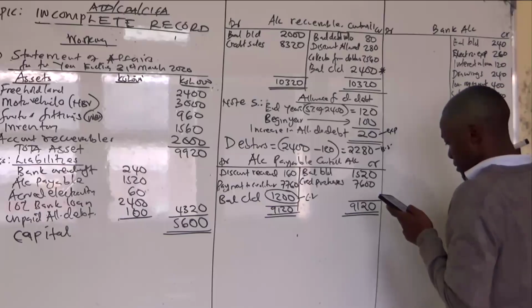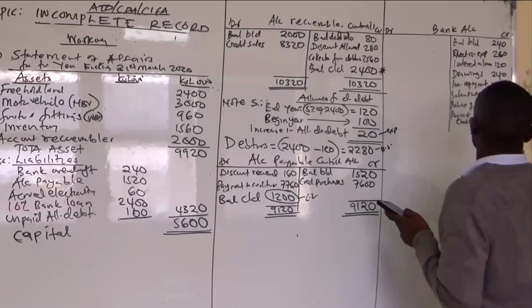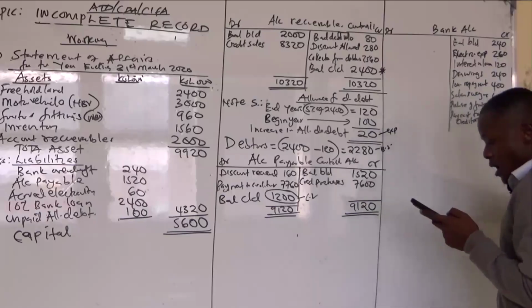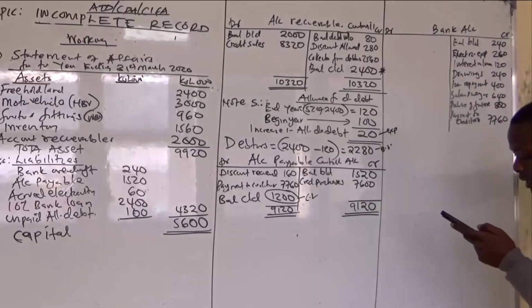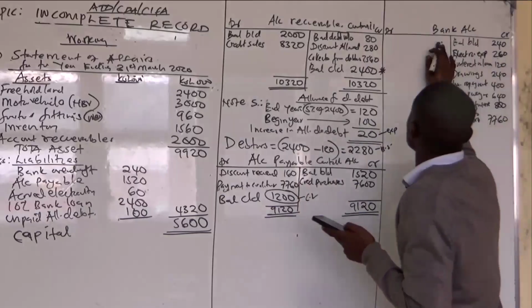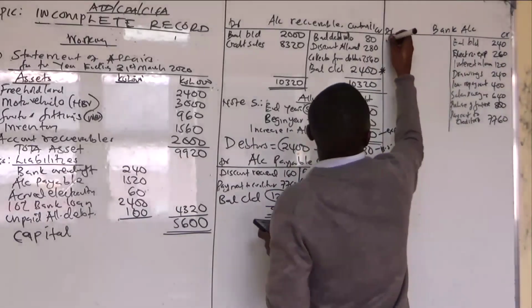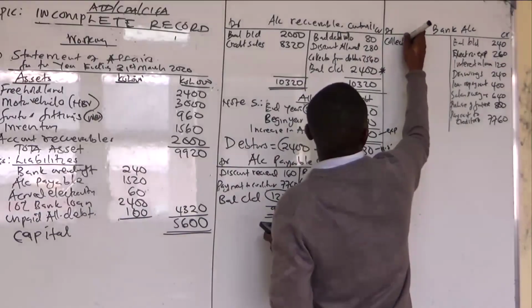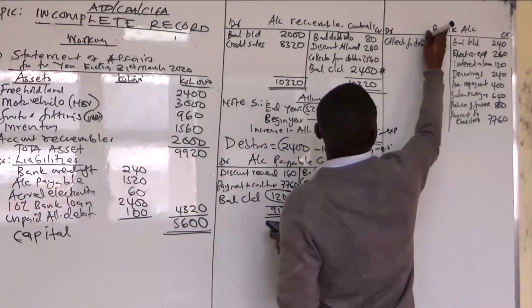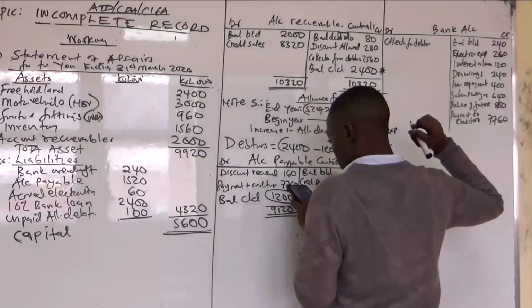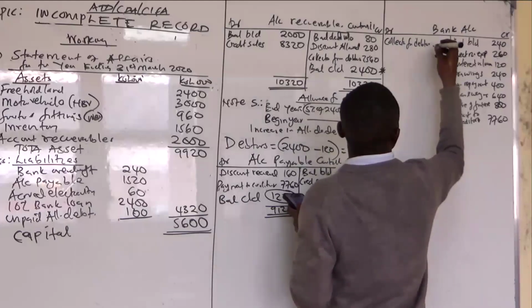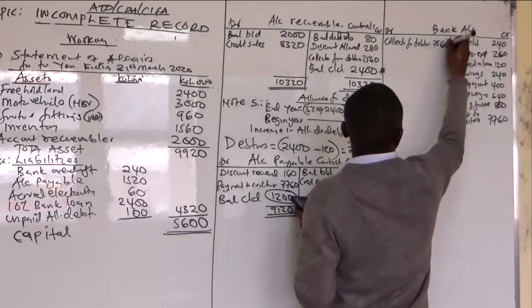Ni 70? 60. Alafu kuna nini tena? Collection from receivables. Hiyo ni kama income. Ukicollect from debtors, collection from debtors ni kama income. Inakuwa ngapi? 70, 560.